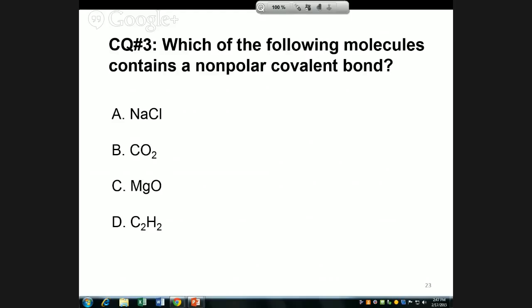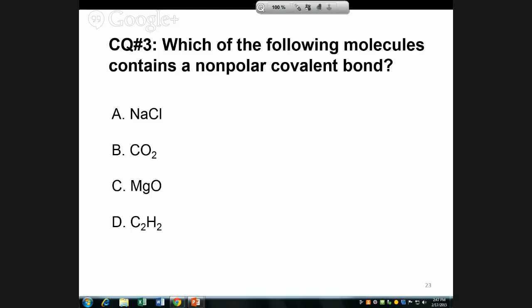Or HCl, hydrochloric acid, it's not exactly an ionic compound, but it's not a salt. Okay? Sodium and chloride, when they come together, usually it's something from the first two columns bonding with something from the last two columns. The last column is the noble gases, and they aren't going to bond with anything.